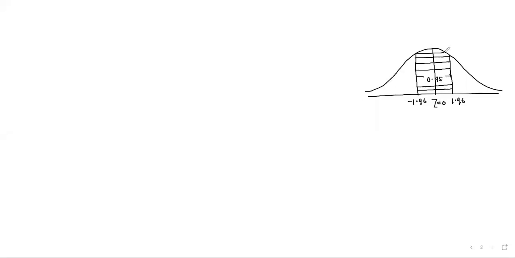Now, suppose you are solving a problem, and while solving the problem, you have got the Z value to be 1.97, which is your Z1. Now 1.97 is very close to this point 1.96. Suppose this is my 1.97.